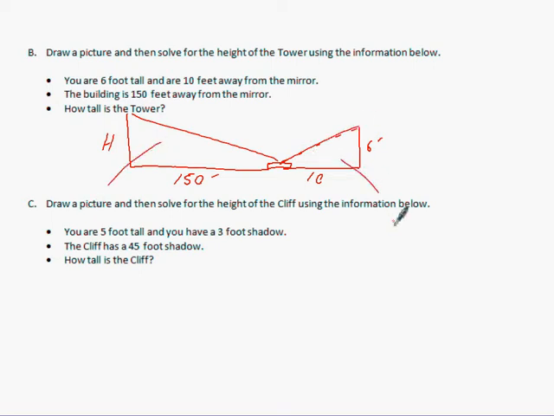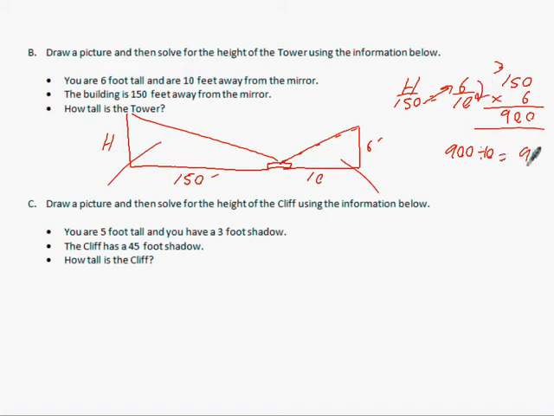Height over ground, h over 150 equals 6 over 10. Getting ahead of myself. 150 times 6. 6 times 5 is 30. Carry the 3. 6 times 1 is 6, plus 3 is 9. Oh, this is 900. 900 divided by 10 equals 90. The height of the building is 90 feet.